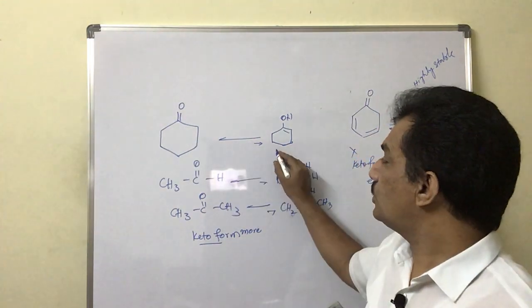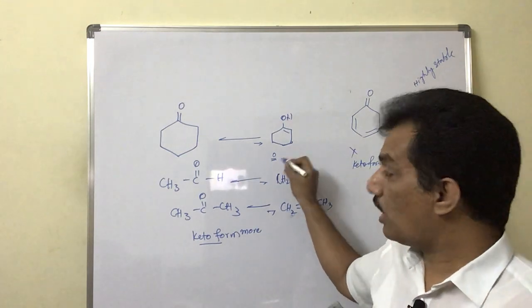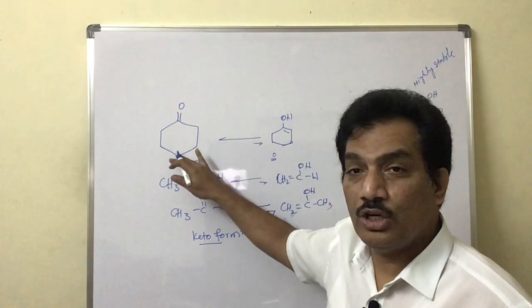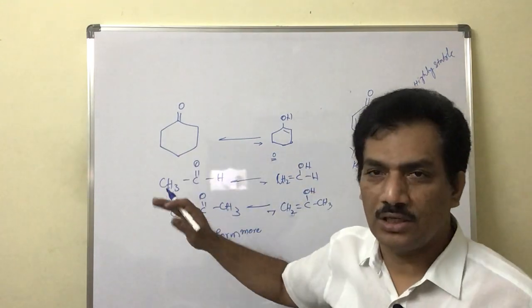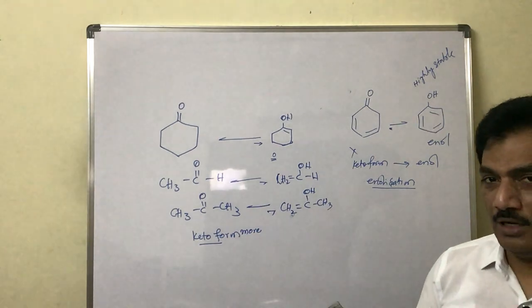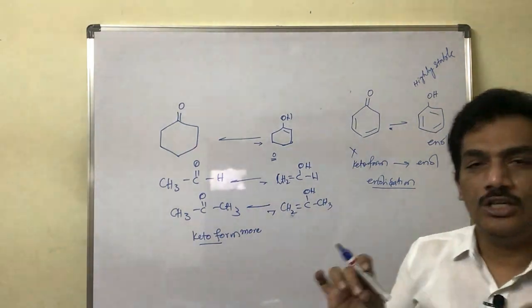Here enolization is almost 0. We should not consider that enol is converted to keto form and hence it is ketonization. There is no word related to ketonization, just enolization.